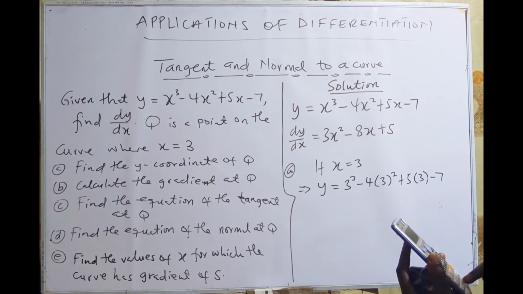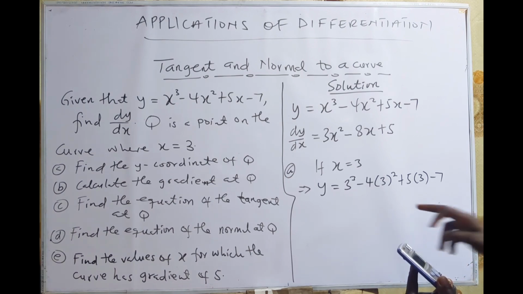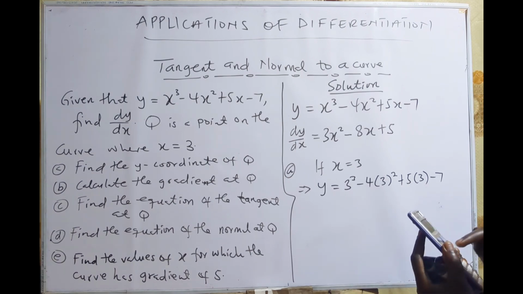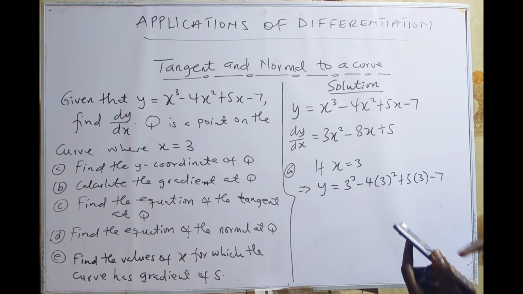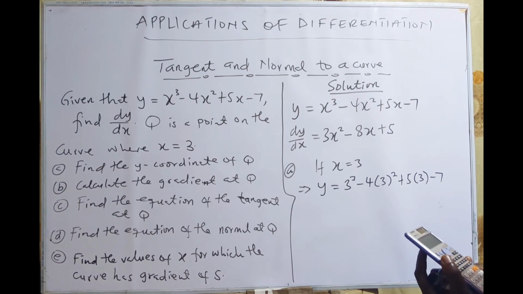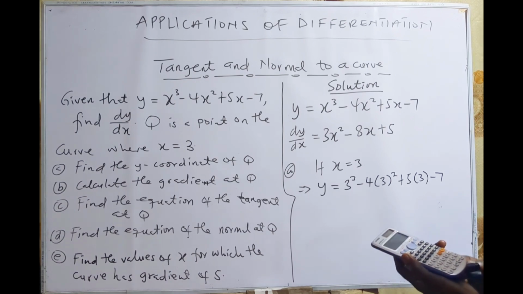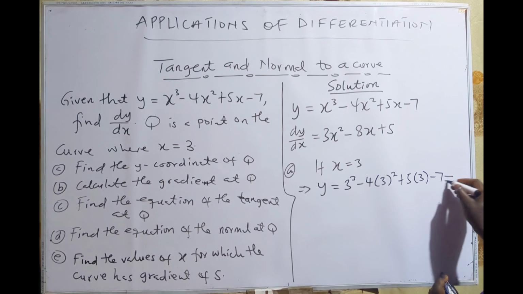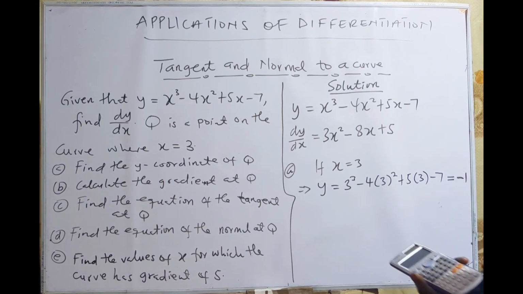So 3 cubed minus 4 times 3 squared plus 5 multiplied by 3 minus 7 will be equal to negative 1. Equal to minus 1. All right. So the y coordinate of Q is negative 1.